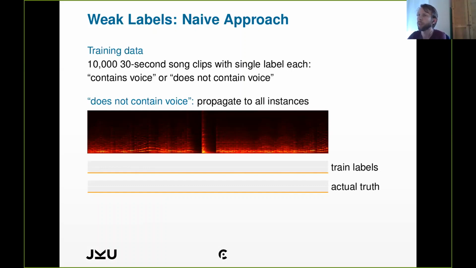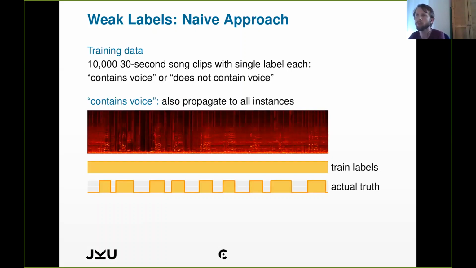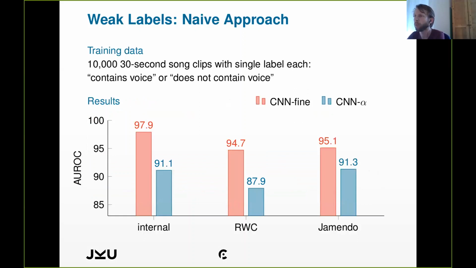If the example is labeled as contains voice, I don't know where the voice is, but I'm still just propagating the label to all the time points. This will be sometimes correct and sometimes not. And I'm just training a classifier on this. And we get some results. They are not too bad, but they are also not really stellar. But it apparently learned something already.